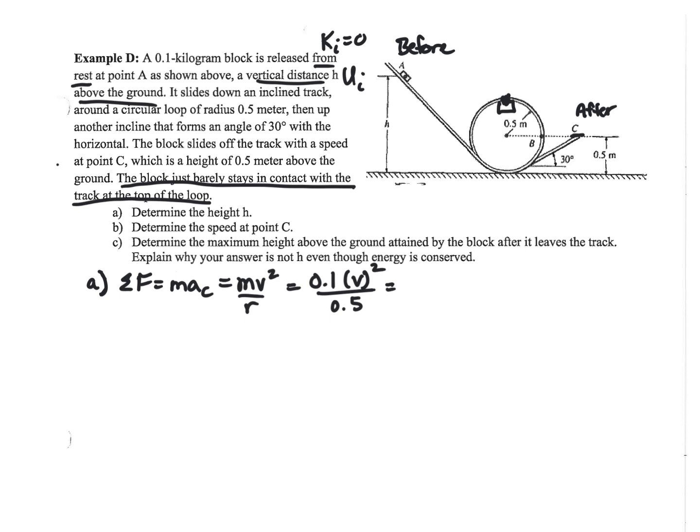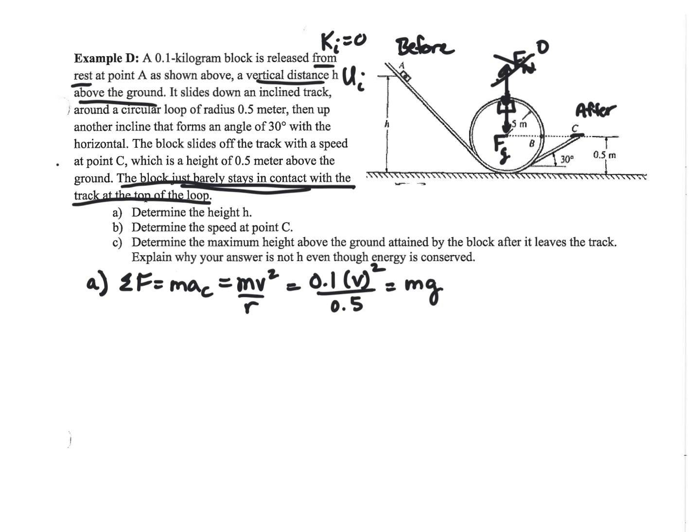What's the only thing acting on it at that point? Gravity, mg. If it's barely touching, we only have the force of gravity acting here. Normally there would be a normal force, but because it says barely in contact, that goes to 0. So it's just mg.